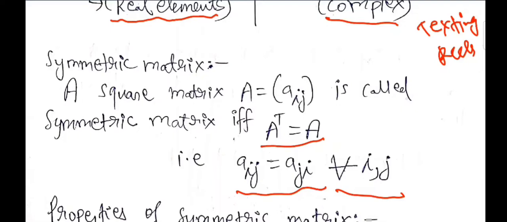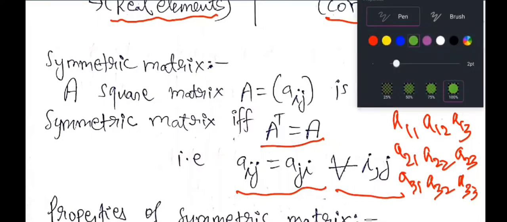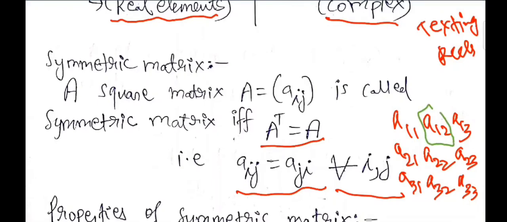Suppose I have a matrix like this. Clearly this is a square matrix. Aij equal to Aji simply means that this element will be equal to this element, and this element will be equal to this element.